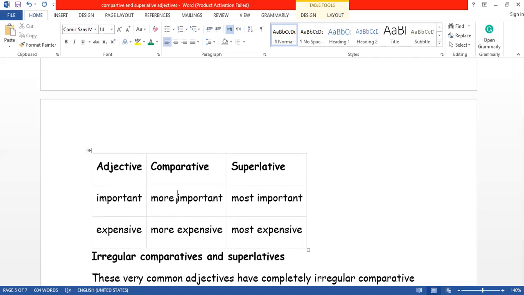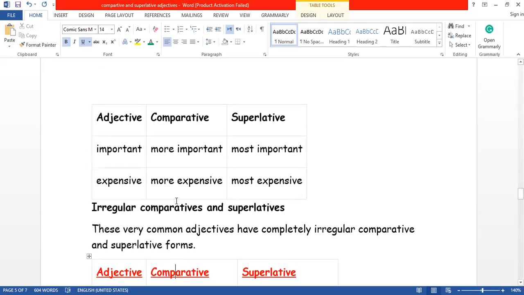Okay, we don't say the R sound. We don't pronounce R at the end of the word. So it's more important, more expensive. But in an American accent, it's like what? More important, more expensive. So the one you prefer, you can use it. It doesn't matter. Okay?